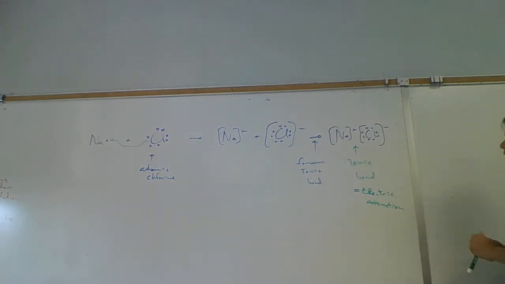So when we look at it, we don't just form one. This would be one ionic bond. We actually form a lot of ionic bonds. A sodium you can think of as a positively charged ball. And the chloride, it would be a negatively charged ball. So we'd have a sodium and a chloride like this. What holds the 2 balls together? The ionic bond. But if you have a positively charged ball, then all the negative balls want to bond to it. And so the negative balls are going to come like this.